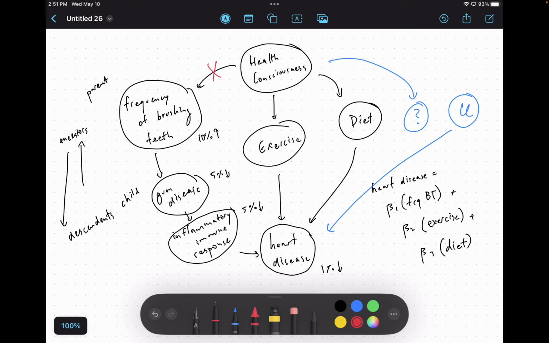And so if you are able to do that, then we can infer that whatever we derive for this value will be like a real causal relationship.